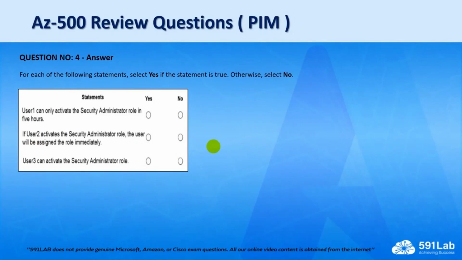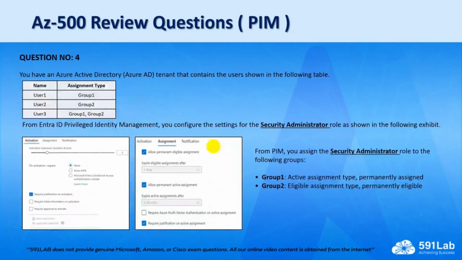Move to the next statement. If user 2 activates the security administrator role, the user will be assigned the role immediately. Let's look at user 2. User 2 is a part of group 2 here, and group 2 says eligible assignment. Fine.